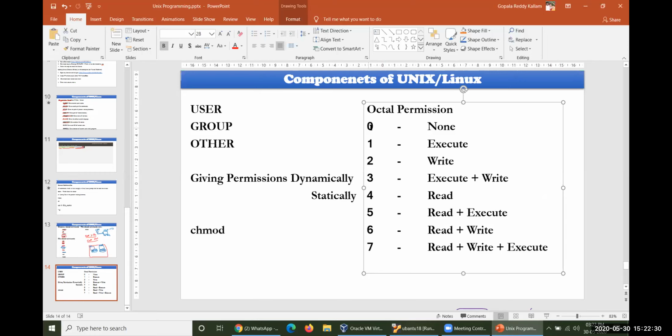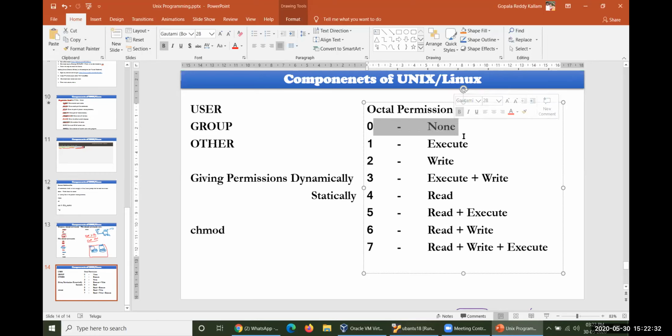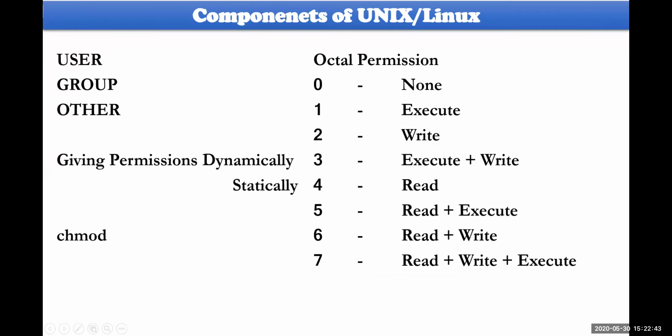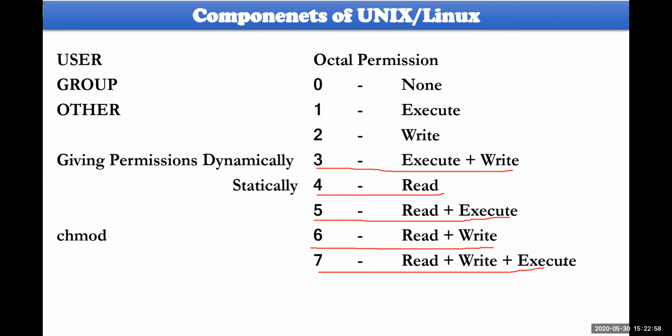So 0 will be specified, no permission will be given. 1 will be specified, only execute will be given. 2 will be specified, write permission will be given. If you specify 3, write and execute permission. 4 will be read permission. 5 will be read and execute permission. 6 will be read and write. 7 will be everything, all.